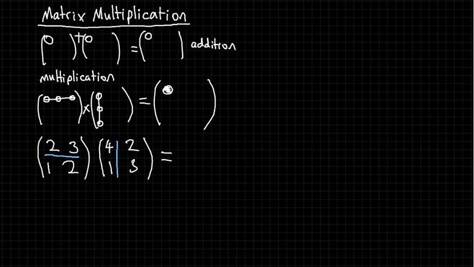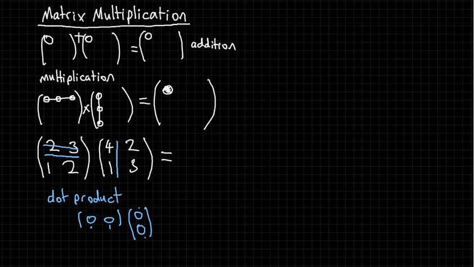The way I think of this is you go along the row and dive it down into this column, and basically what we're doing is what's called the dot product. So the dot product is basically if you have two vectors, a row vector and a column vector, you multiply each of these entries and then add them to each other. So let's do this.